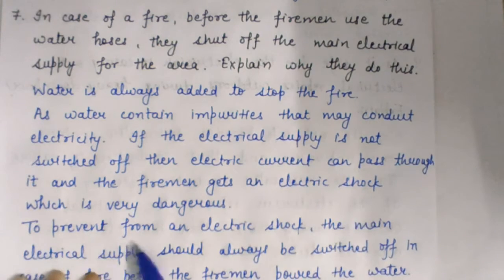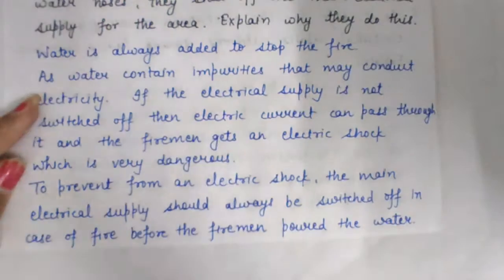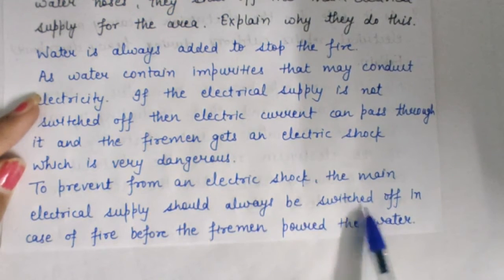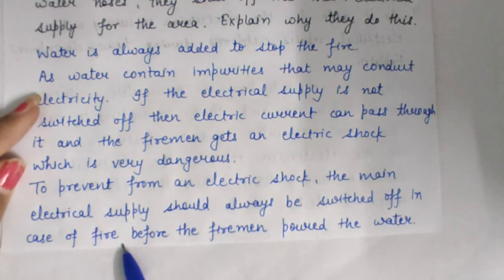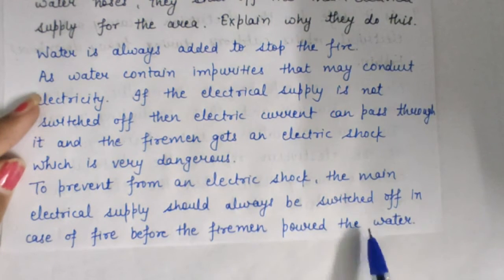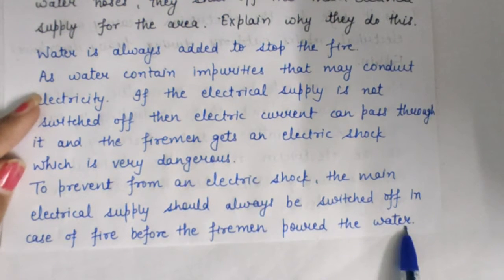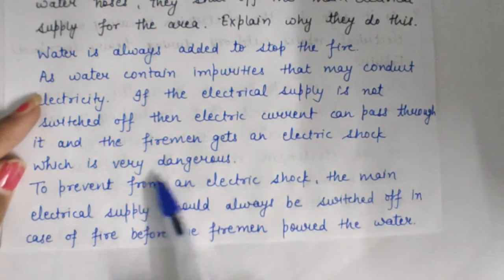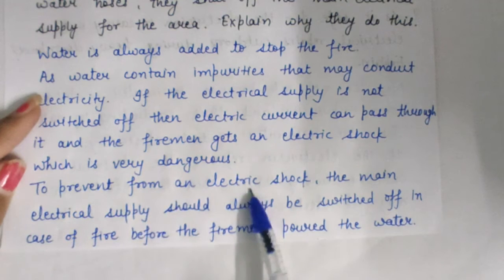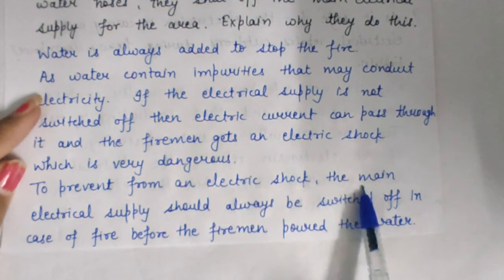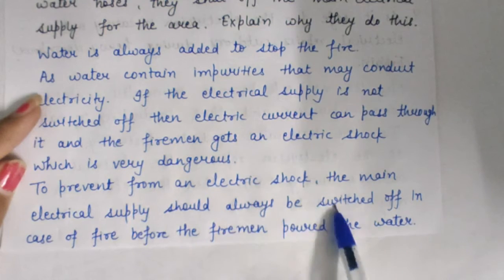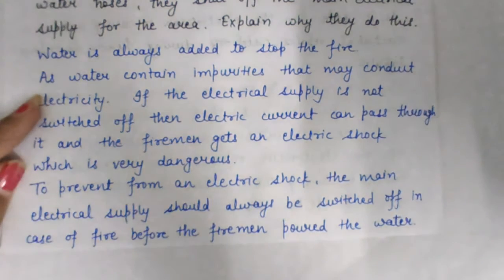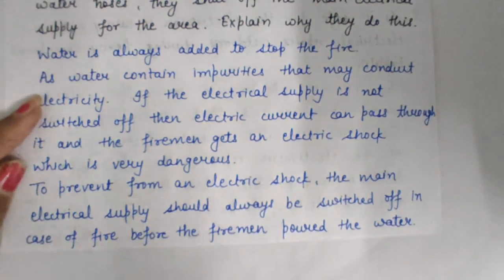And to prevent an electric shock, the main electrical supply should always be switched off in case of fire before the fireman pours the water. So what is the main reason? The fireman gets an electric shock, which is very dangerous, and to prevent it, the main electrical supply should always be switched off. Okay, this is the main reason. I hope you have understood.